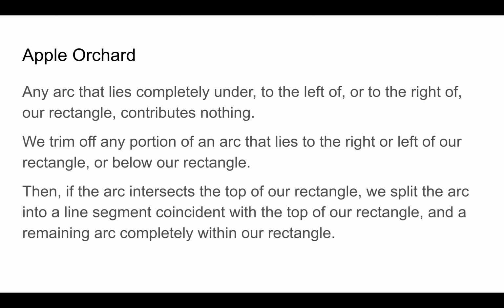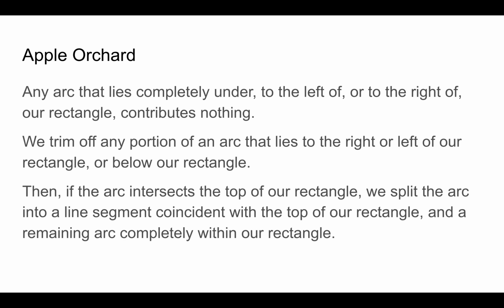So again, any arc that is completely under, the left of, or the right of our rectangle contributes nothing. We use the bounding box for that. If any portion of an arc lies to the left or right of the rectangle or below the rectangle, we can simply truncate that portion of the arc and work only with a shorter arc.